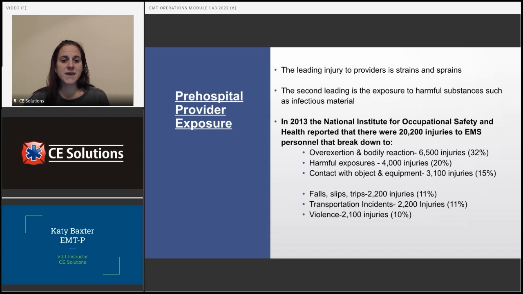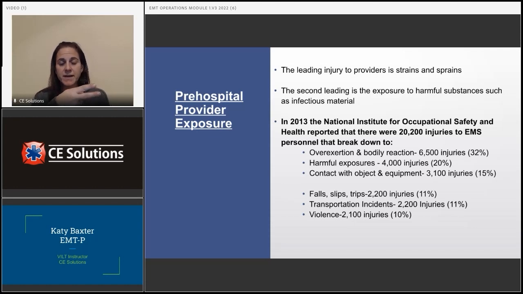In 2013, the National Institute for Occupational Safety and Health reported that there were 20,200 injuries to EMS personnel that divvied up into 32% were overextension and body reaction. 20% were harmful exposures.